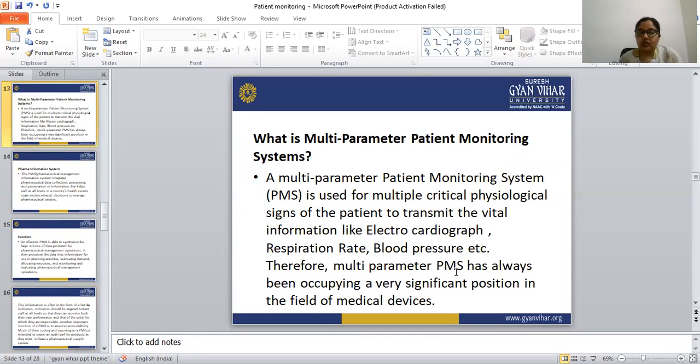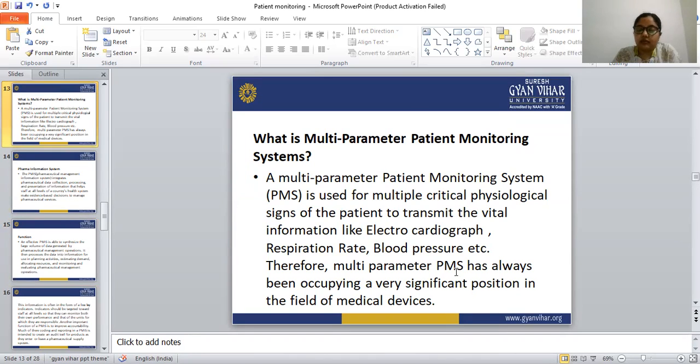So let's see what a multi-parameter patient monitoring system is. A multi-parameter patient monitoring system is used to monitor multiple critical physiological signs of the patient and transmit vital information like electrocardiograph, respiration rate, blood pressure, etc. In a particular machine we can measure the electrocardiograph, the respiration rate, the blood pressure, etc., all in a single machine.